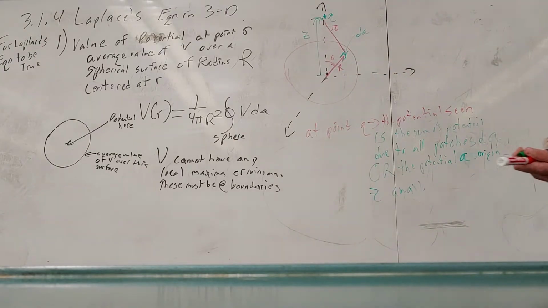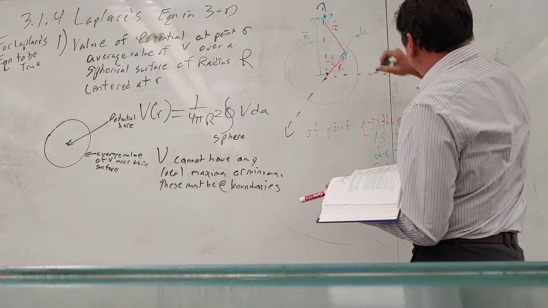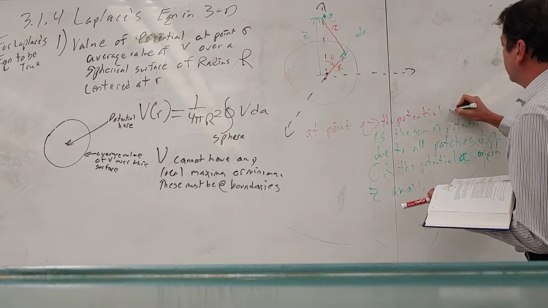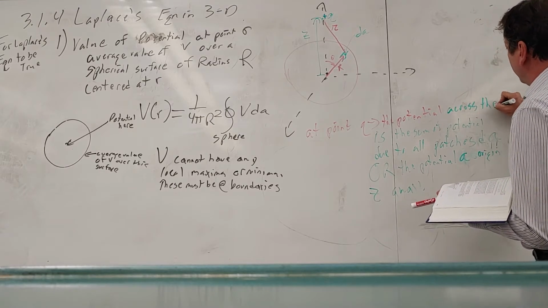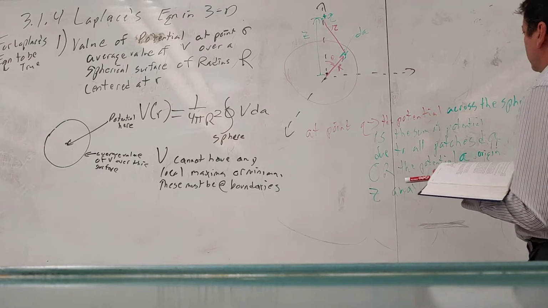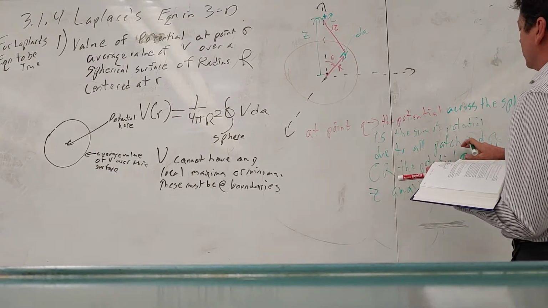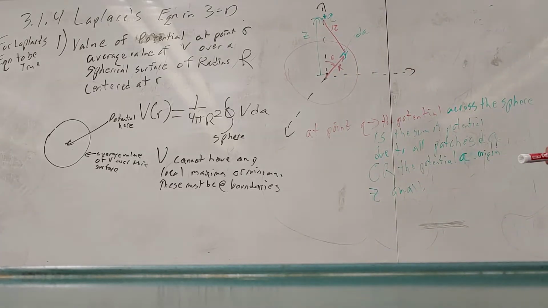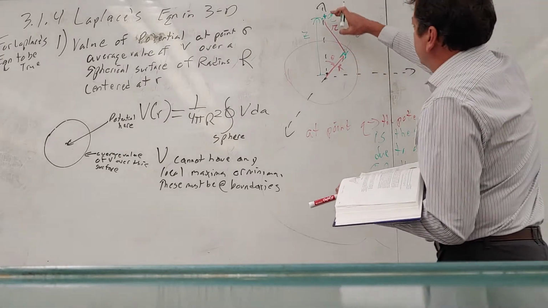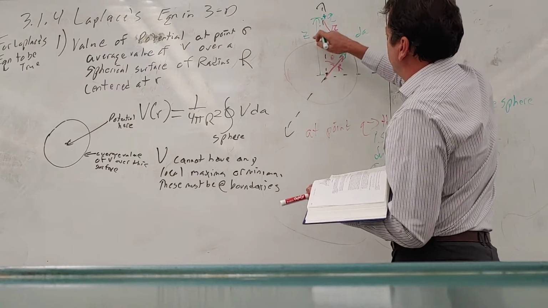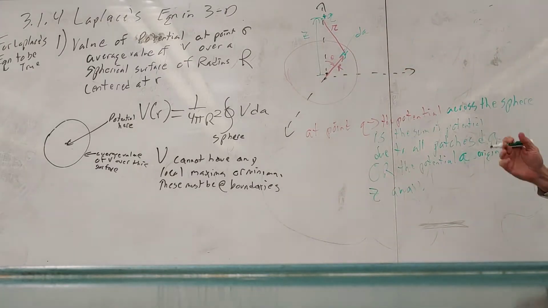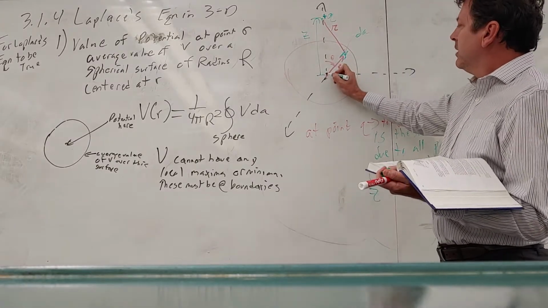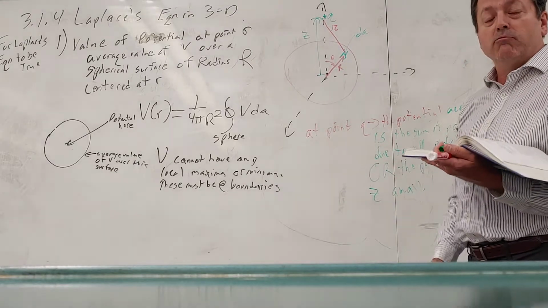So there's a charge here, and what they're saying is the potential across the sphere is the sum of all the potentials due to the patches. So what's the potential here all the way around? We take the potential here due to Q, here due to Q, and here due to Q. Take all those potentials and add them all up. We'll get the same answer as if you say, what if I get this whole sphere and just find the potential right here in the center of it. It gives us the same thing.